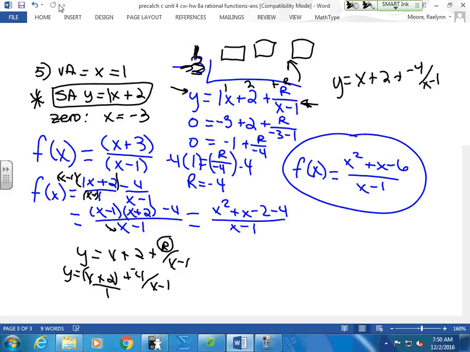So now I substitute any point in there, which this one they happen to give me. There's my x, there's my y. So we substitute it in and we solve for r. And then we go back and we combine everything that we knew into your slant asymptote. That's the only thing we can get back to. That's what gets us back to our original equation. It's kind of a backwards approach.